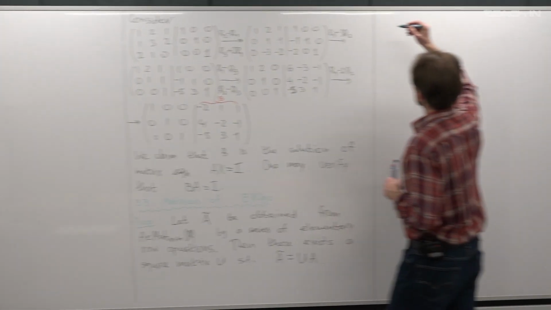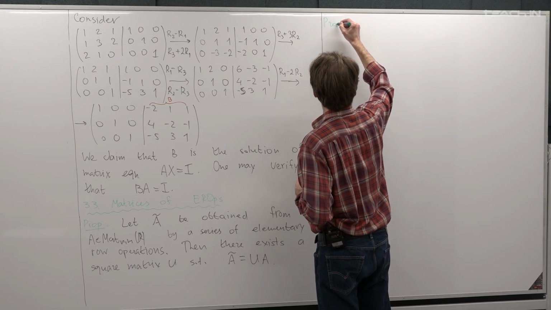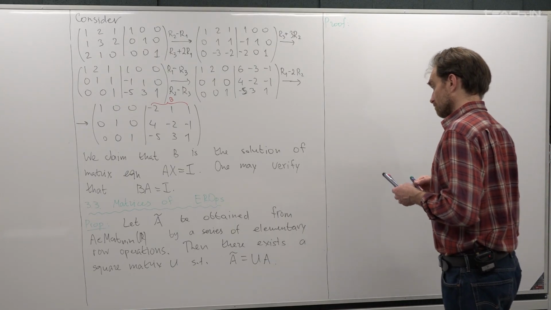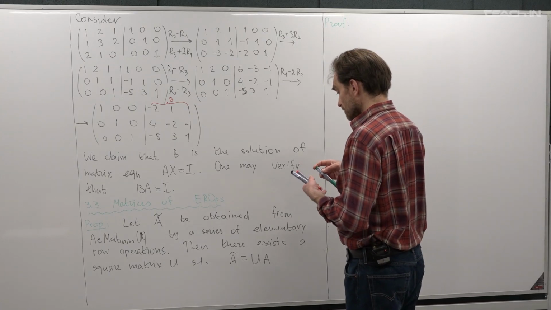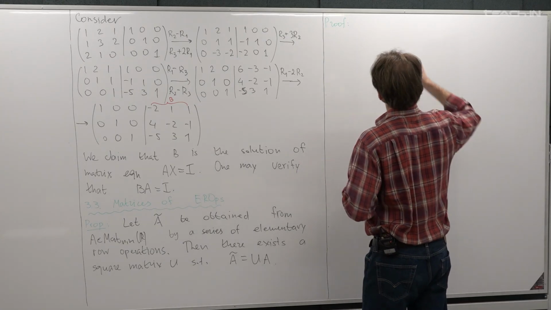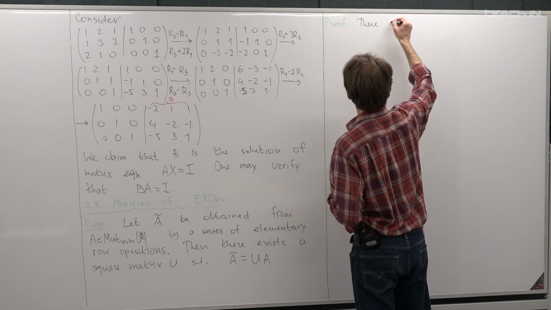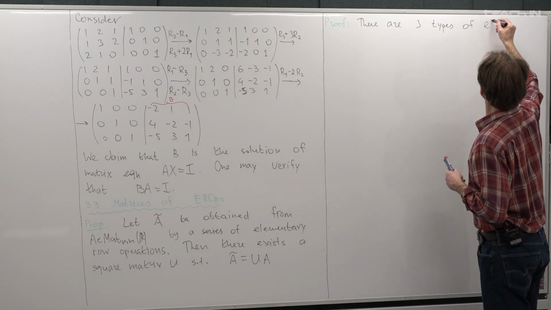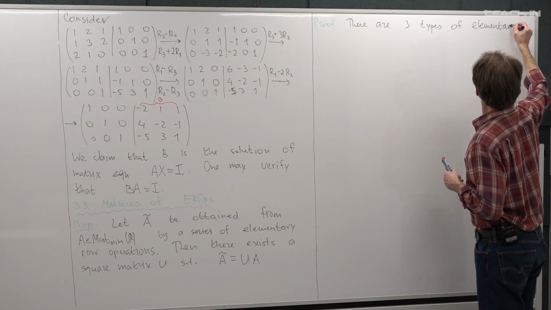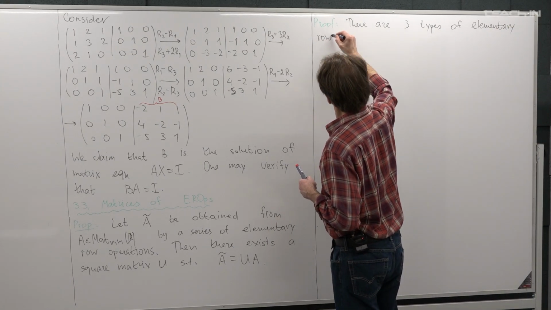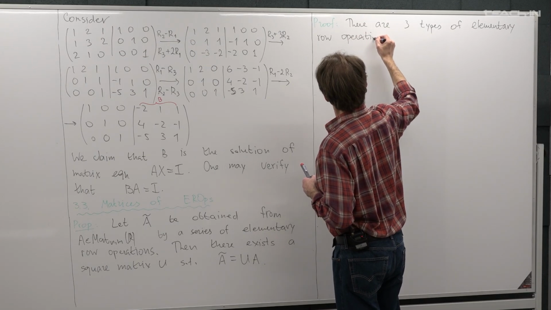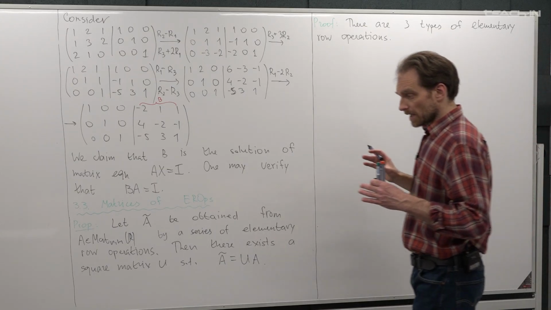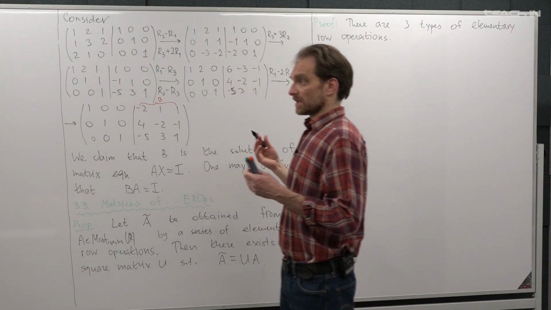Okay, so let us prove this proposition. So there are three types of elementary row operations. So what happens to our matrix if we multiply its row by some scalar?